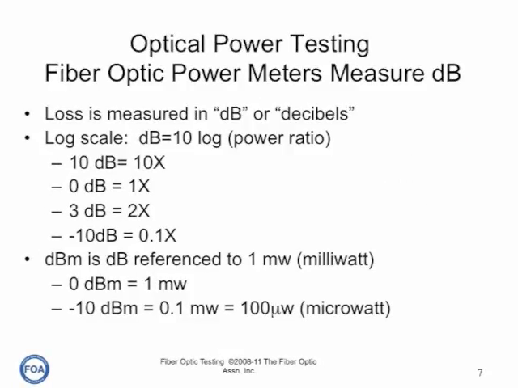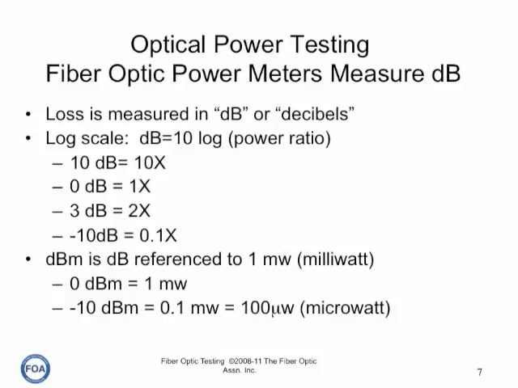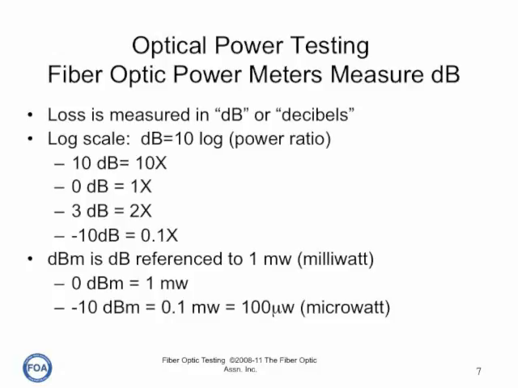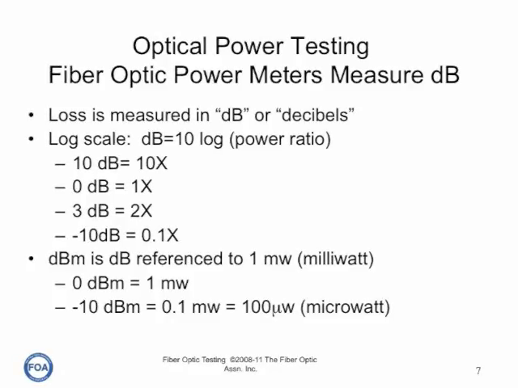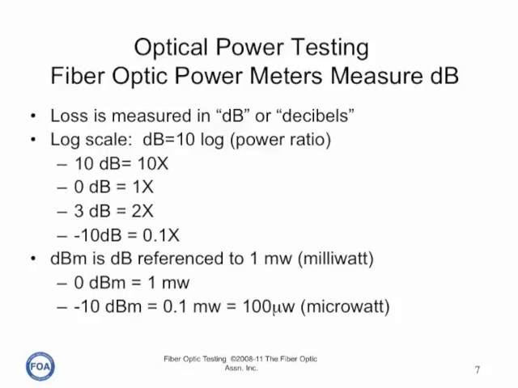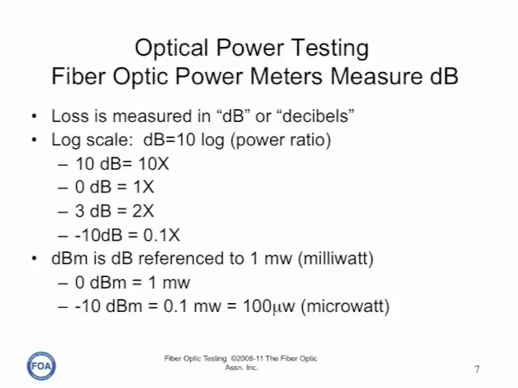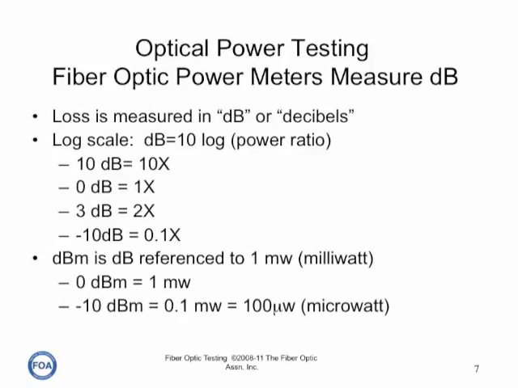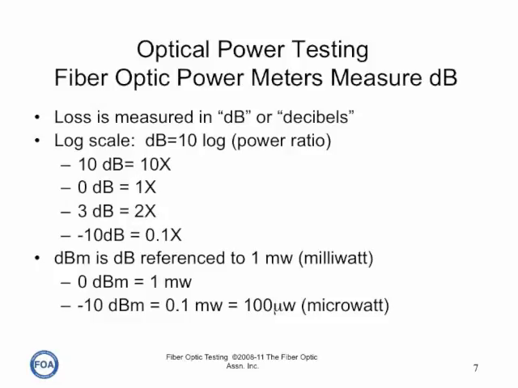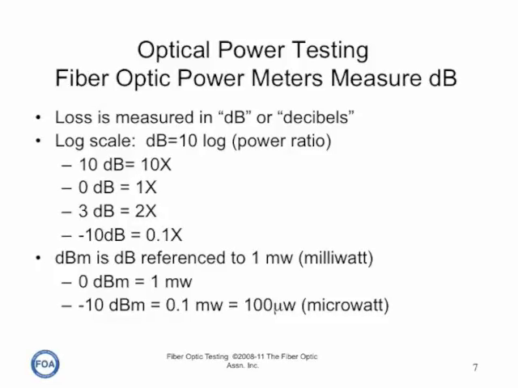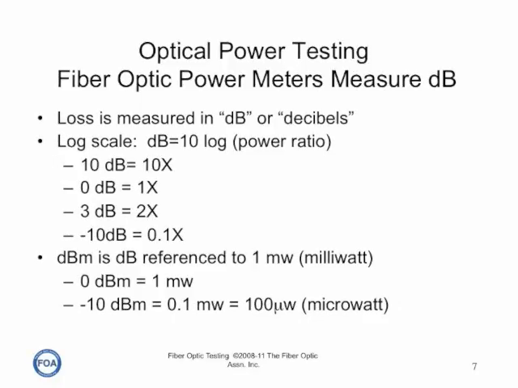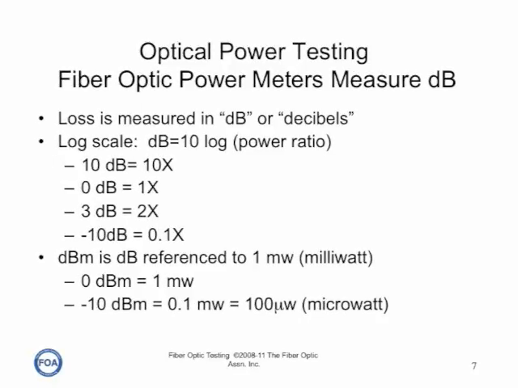dB is a logarithmic scale. It's called dB or decibels, and it's 10 times the log of the ratio of two powers. So a ratio of a factor of 10 becomes 10 dB, a ratio of 1 becomes 0 dB on a log scale, 3 dB is a factor of 2, and a minus 10 dB would be a factor of 1/10. dBm is very similar, except the dB is referenced to 1 milliwatt.